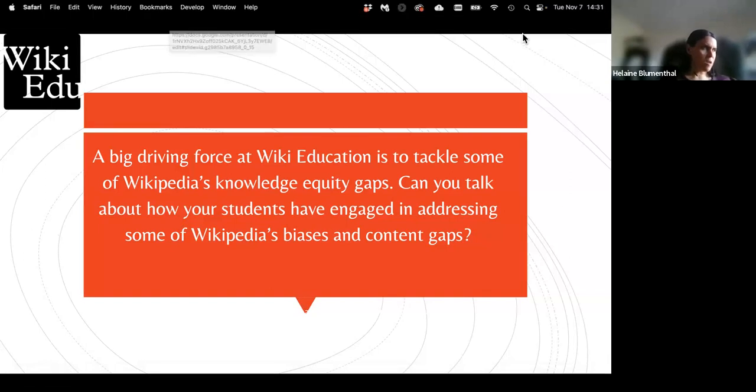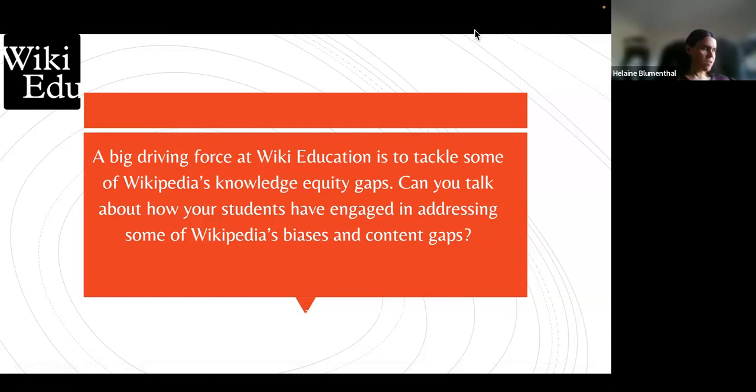The other thing I wanted to say about knowledge equity is that it doesn't even have to be in a course where that is the focus. There are so many different ways to tackle knowledge equity on Wikipedia. That can even be in a science class, a chemistry class, where students are considering their sources, and maybe asking, do I have sources from a range of different peoples, or are all my sources old white men?